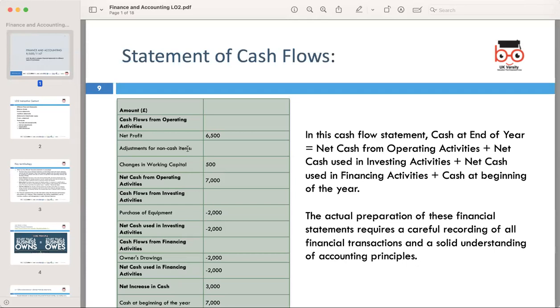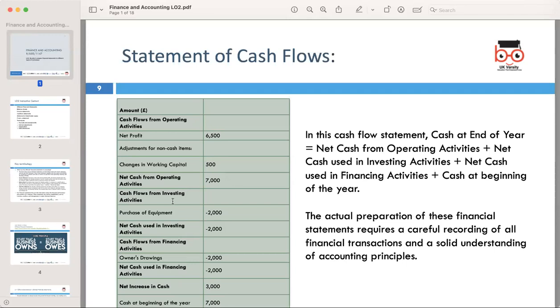However, we need to consider non-cash items such as changes in working capital, which amount to £500. After taking these adjustments into account, the net cash flow from operating activities is £7,000.